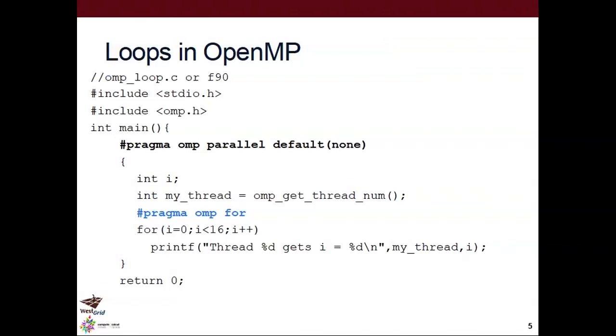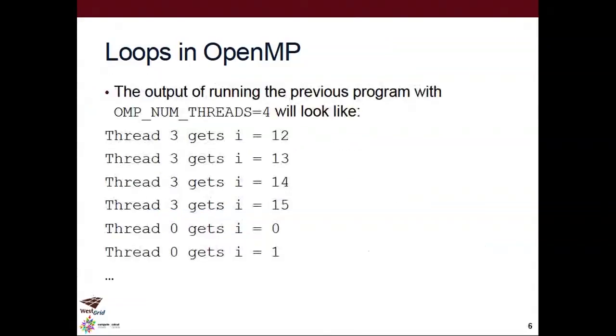And again, there are 16 iterations, and in our case, we had 4 threads, so each thread picked up 4 iterations. And this is a similar output that you got from running your code. So that's the same thing, these different threads.